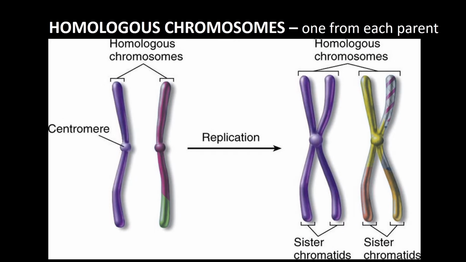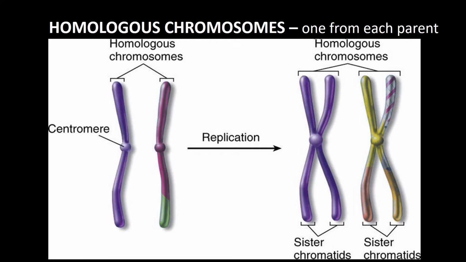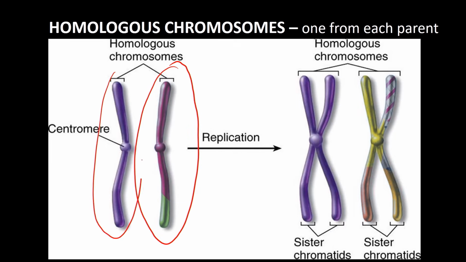Now, why sometimes do chromosomes appear single and sometimes they appear double? What's the difference between them? In your cells, you have got chromosomes that are single. They consist of 1 copy of a piece of DNA all coiled up.